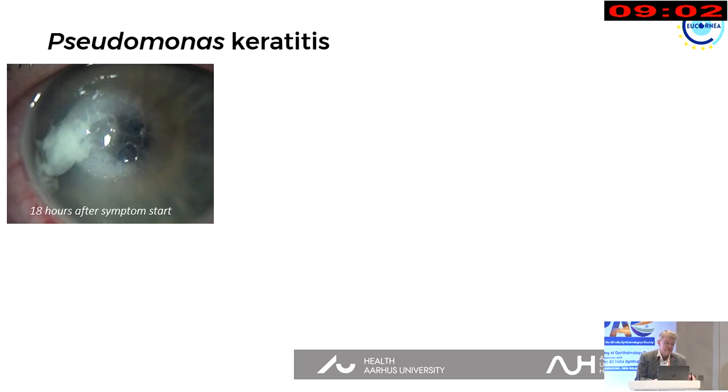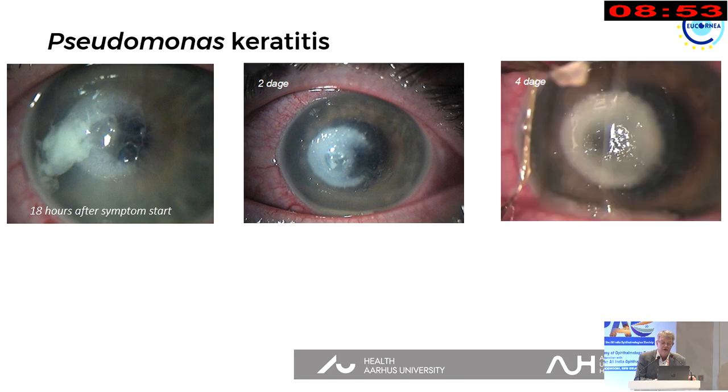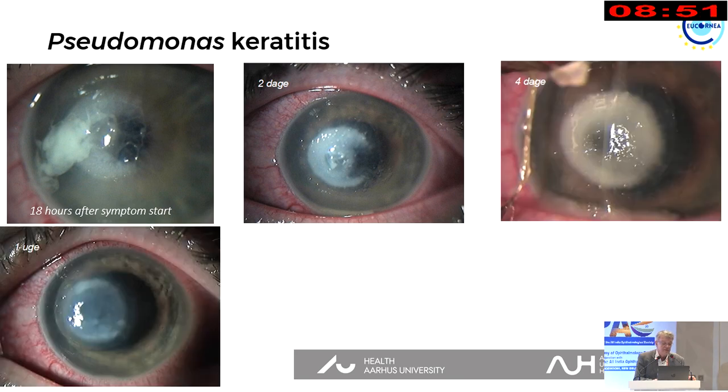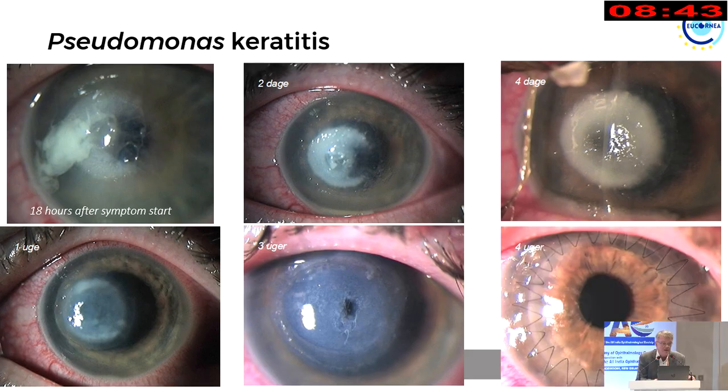She was put into treatment at once with relevant antimicrobial therapy, and then after 2 days, 4 days, actually progressive worsening, then a tendency for improvement, but after 3 weeks she perforated, and we had to do a penetrating keratoplasty in her. So Pseudomonas is definitely still a significant cause of very severe keratitis.